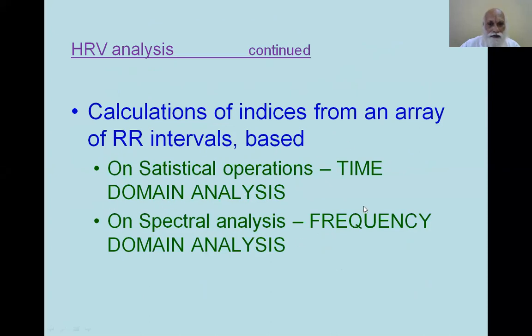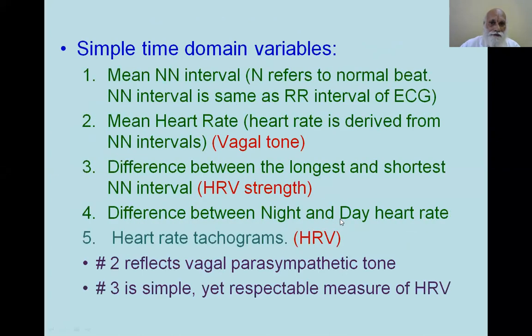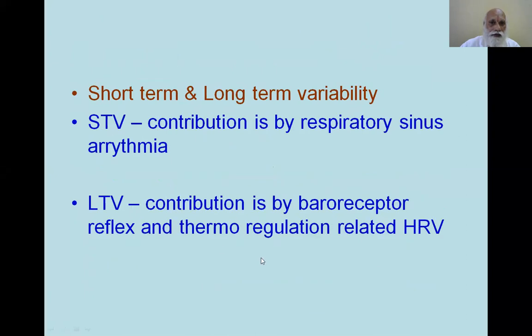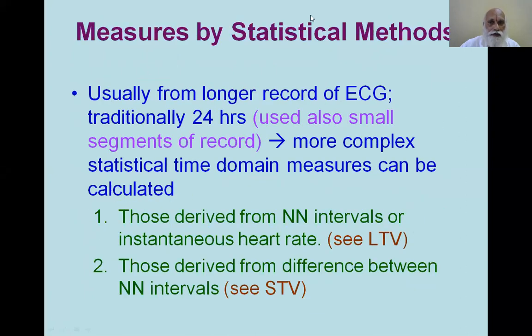Spectral analysis will give frequency related indices. So first we see the statistical method measures. Usually from a longer record of ECG, traditionally 24 hours, you can also use smaller segments for recording, or you can take a segment of the whole record and use it for analysis.